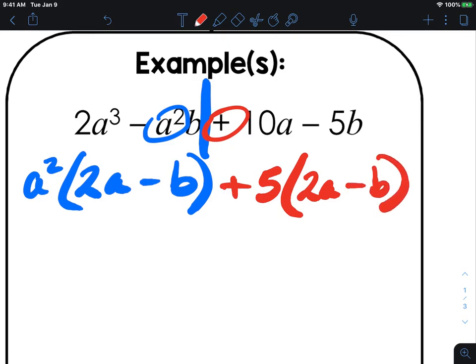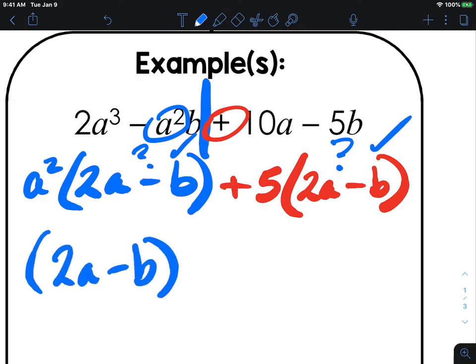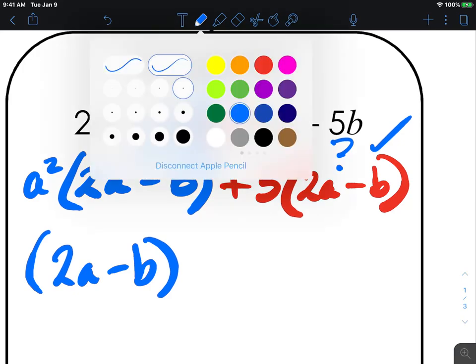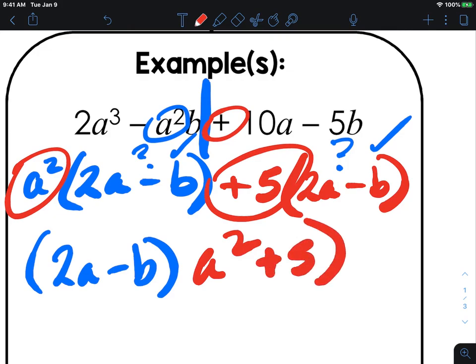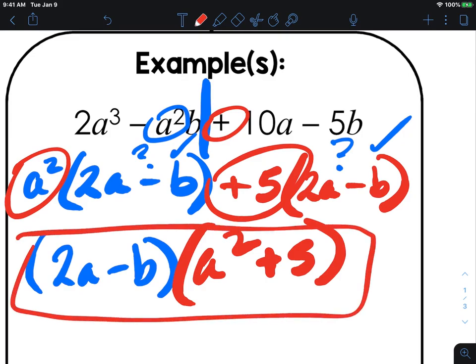And then this is the moment of truth, the moment of checking right now. Are the parentheses the same? They are. Factor out the parentheses, 2a minus b, times the leftovers now. What's in the leftovers? What's on the outside of the parentheses? A squared plus 5. We put that in its own leftover parentheses. And that's my answer. All right.